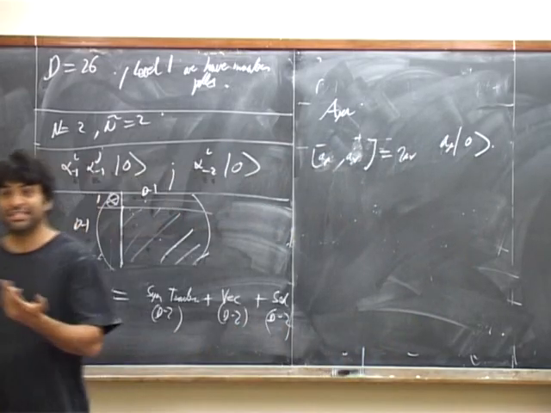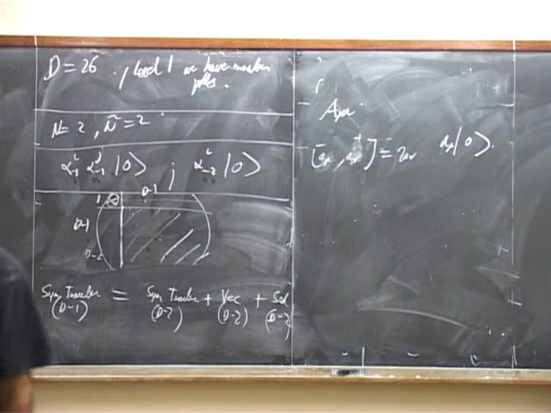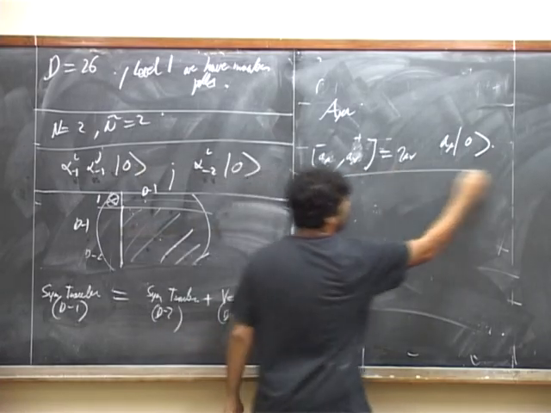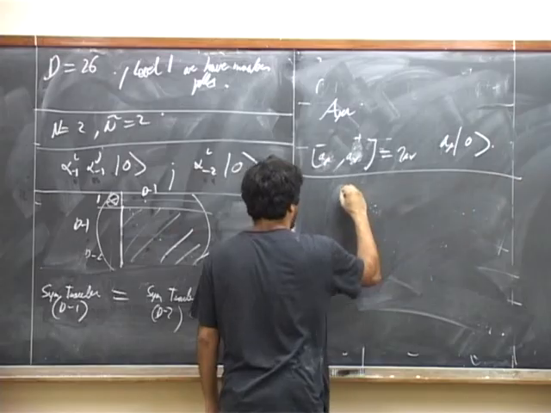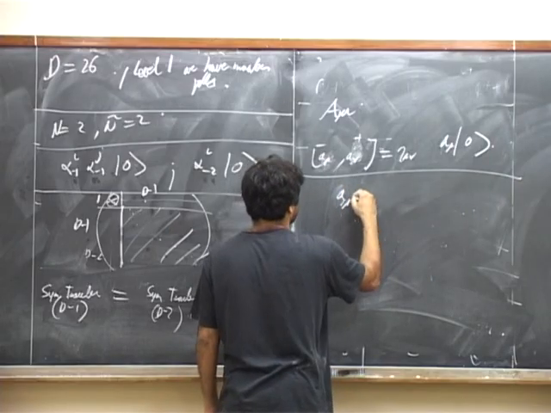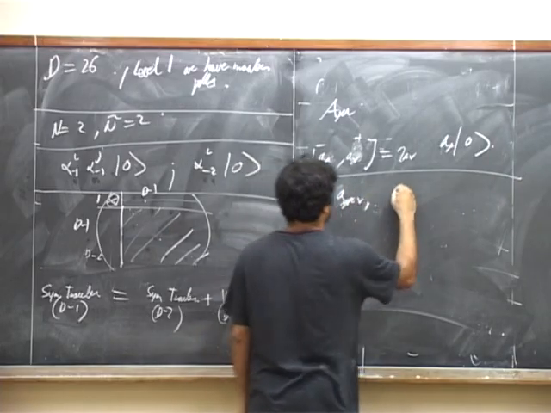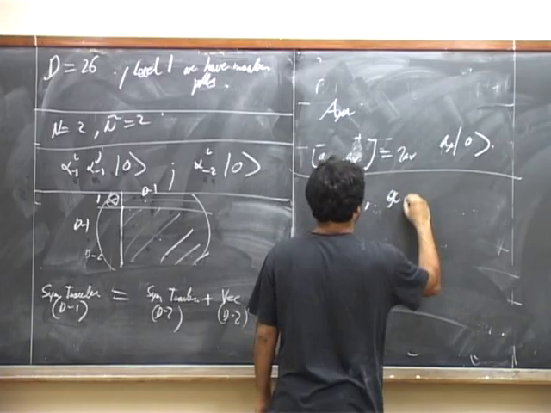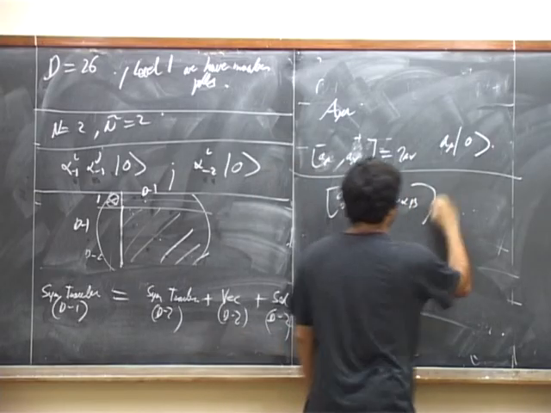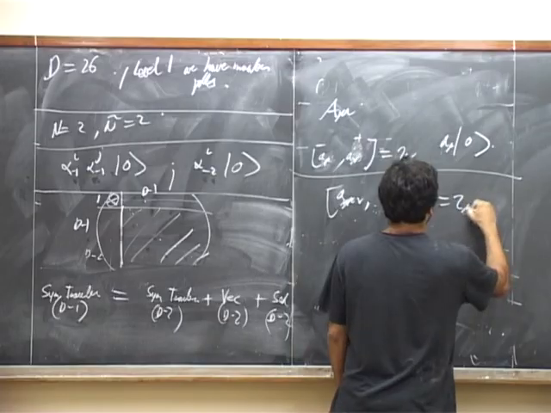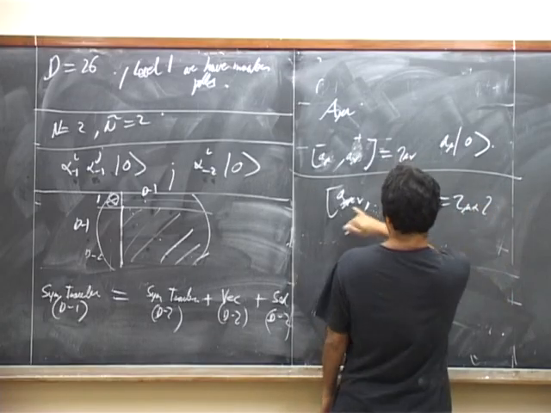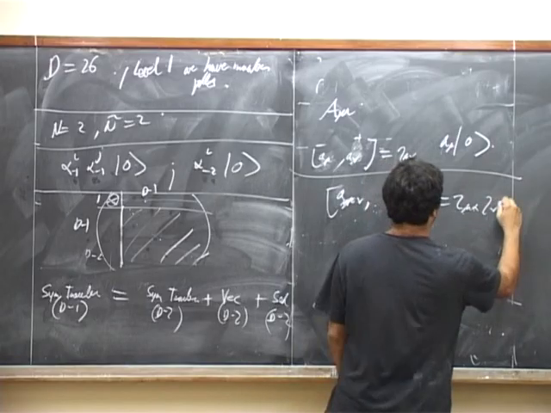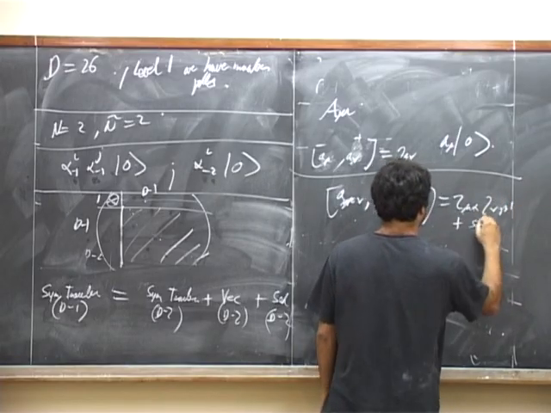The problem is even more serious when you look at the theory of gravity, the theory based on symmetric tensors. You've got the commutator of A_mu_nu with A_alpha_beta dagger, and this has got to be eta_mu_alpha eta_nu_beta plus symmetric.